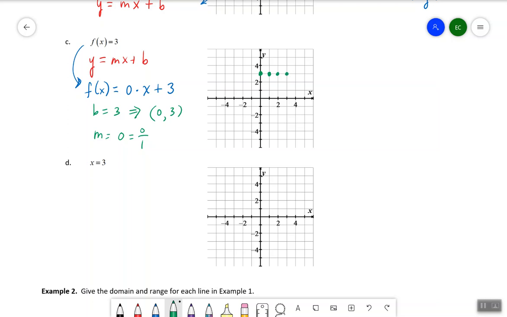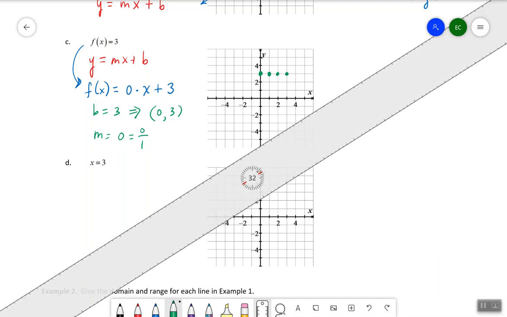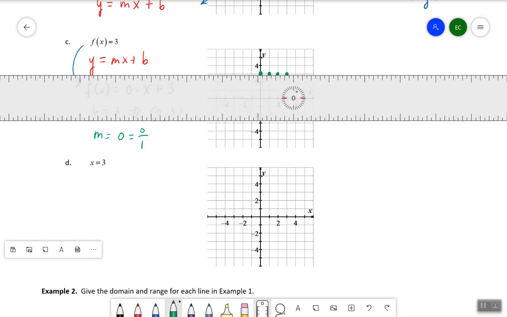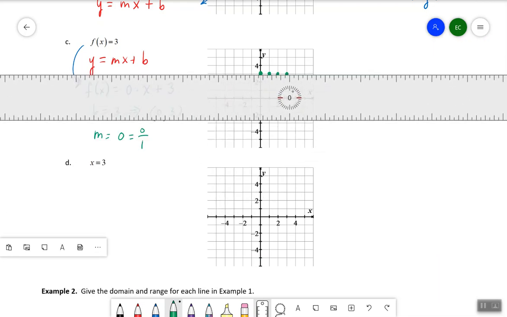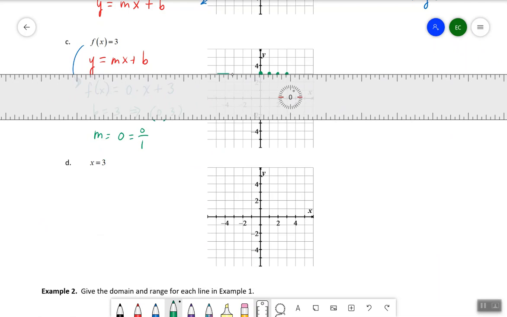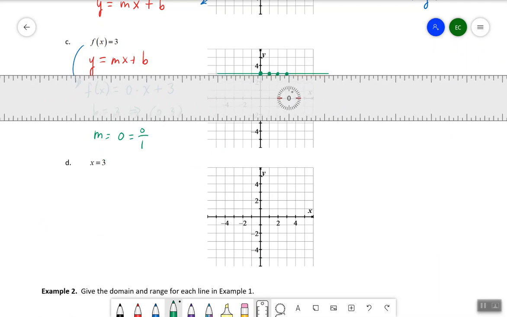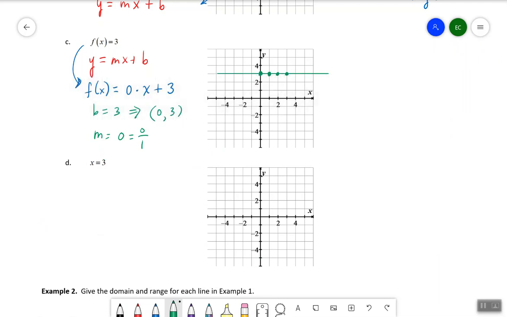And we could keep going to the right, plotting points. We could go back to the left, plotting points. But ultimately, what we have is this horizontal line. So I can draw that in. And there's f of x is equal to 3.